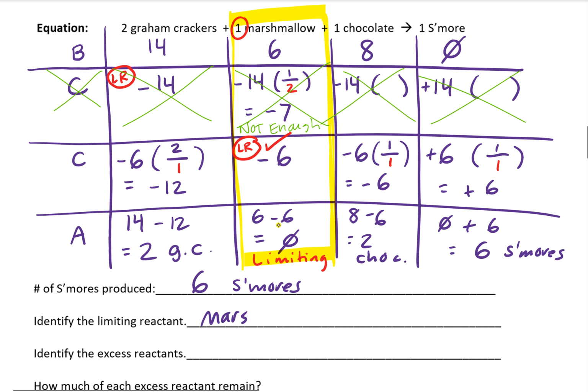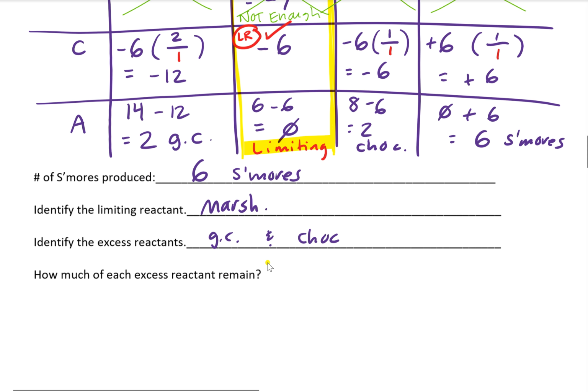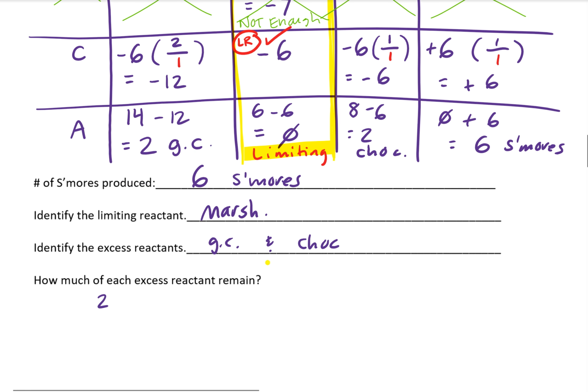This one is marshmallows. The excess reactants are going to be those reactants that you have extra of. So you have extra graham crackers and you have extra chocolates. And the quantity remaining of each one: you have 2 graham crackers and you have 2 chocolates left over.